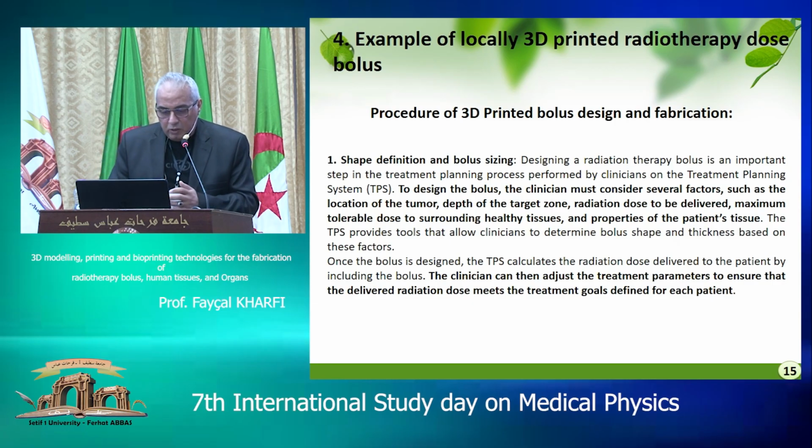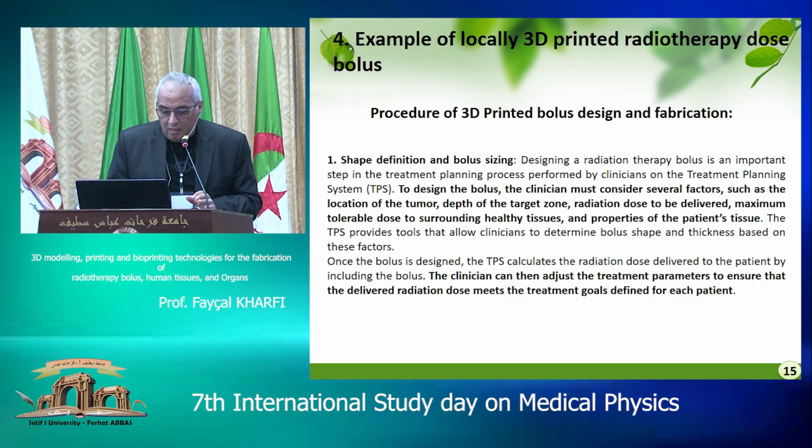The procedure that we developed to fabricate such boluses with 3D printing has two phases. The first one is the shape definition and the bolus sizing. This step is done by the clinician. So the clinician, depending on the treatment planning and the objective that he wants to achieve, defines the bolus, and he has the possibility to select the material.